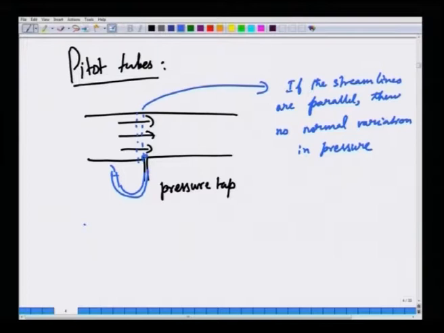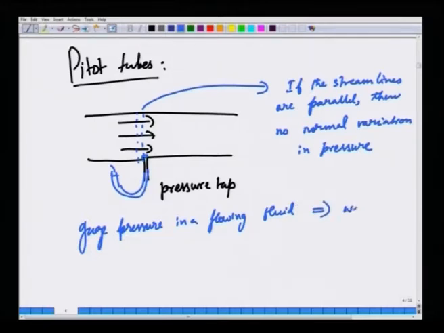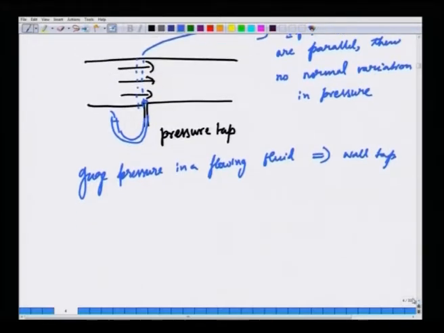So, the gauge pressure in a flowing fluid can be measured by a pressure tap and a manometer. It is also called a wall tap. Okay. But that is not sufficient to calculate the local velocity at any point in the fluid. In order to do that, what we have to do is use what is called a static pressure probe.